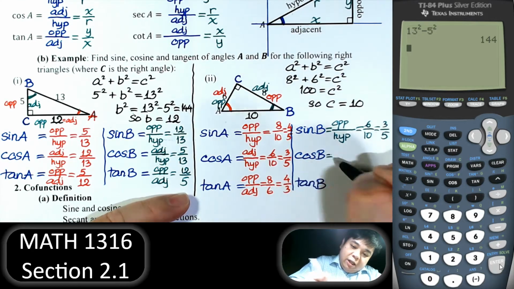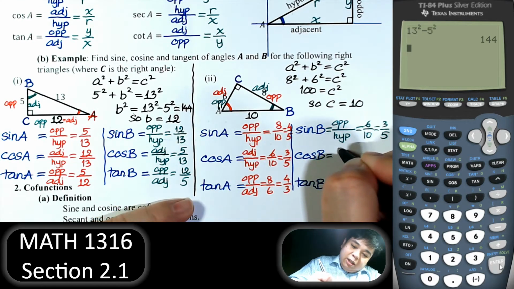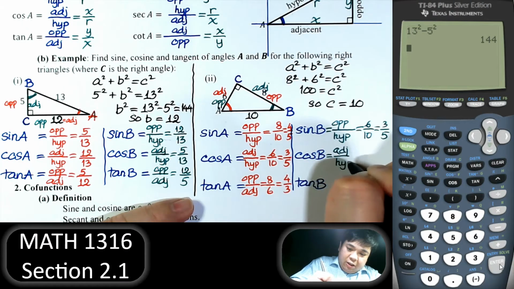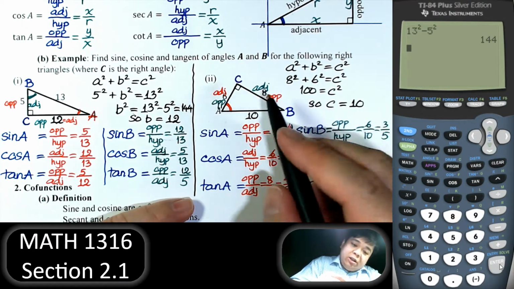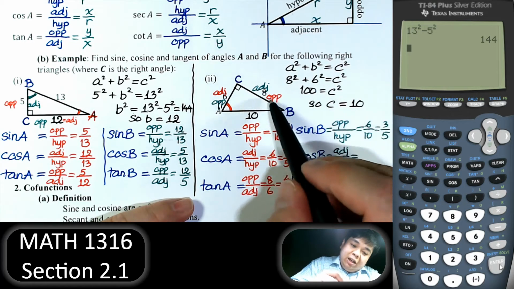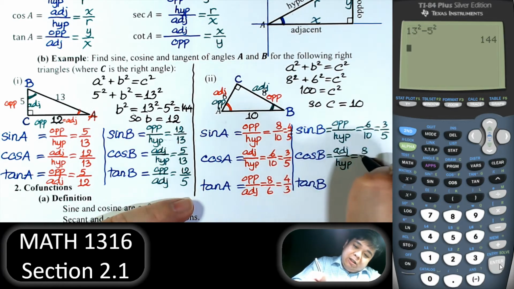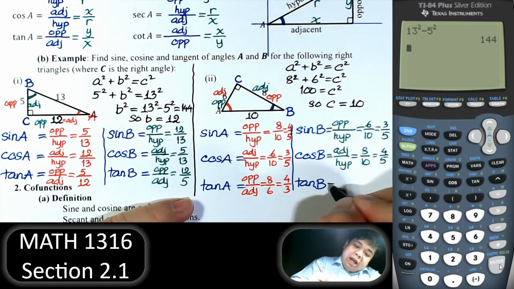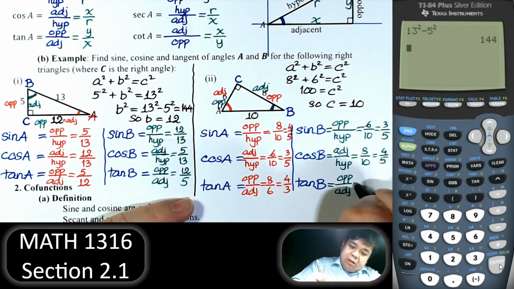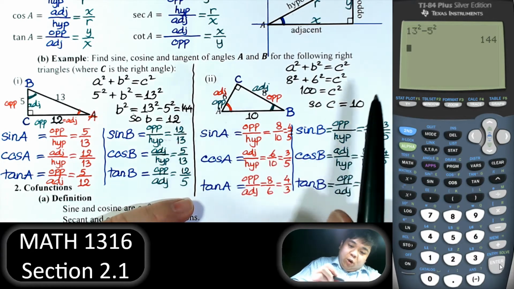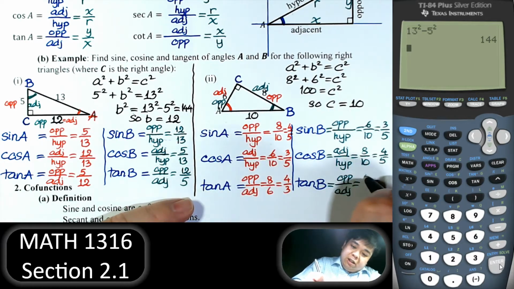Cosine of B, adjacent over hypotenuse. Adjacent to angle B is 8, so that's 4/5. And tangent is opposite over adjacent. Opposite to angle B is 6, over adjacent is 8, which is 3/4.